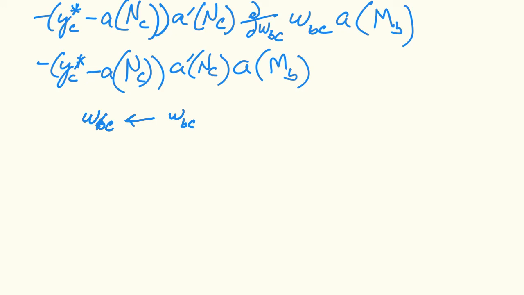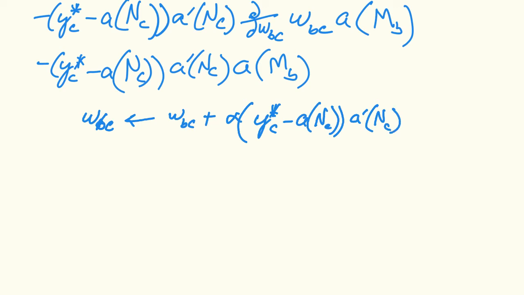So now we want to add in some alpha, which is a learning rate, just like in other applications, of our y star c minus a of n sub c times a prime of n sub c times a of m sub b.